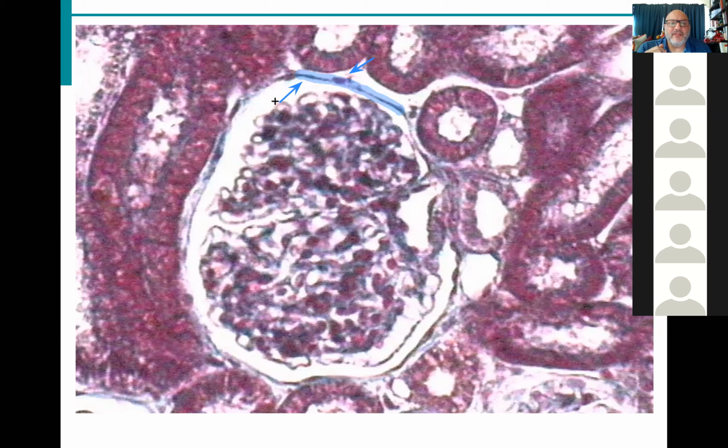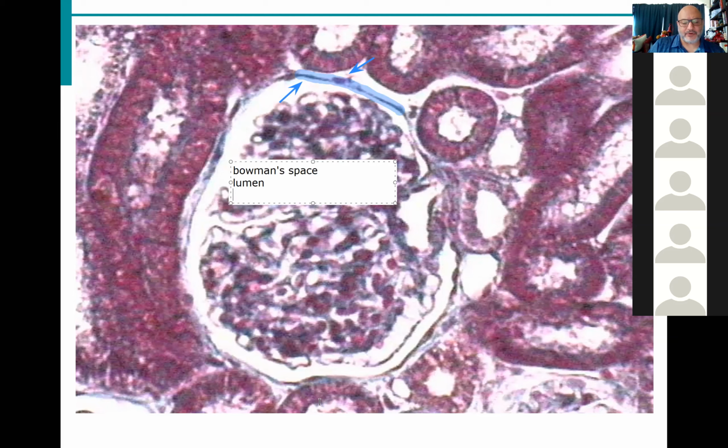Also, as we know, if we think about it, Bowman's space is a lumen, if you think about it, because it's enclosed. And also, because it is above the apical surface, it would also be a free space.